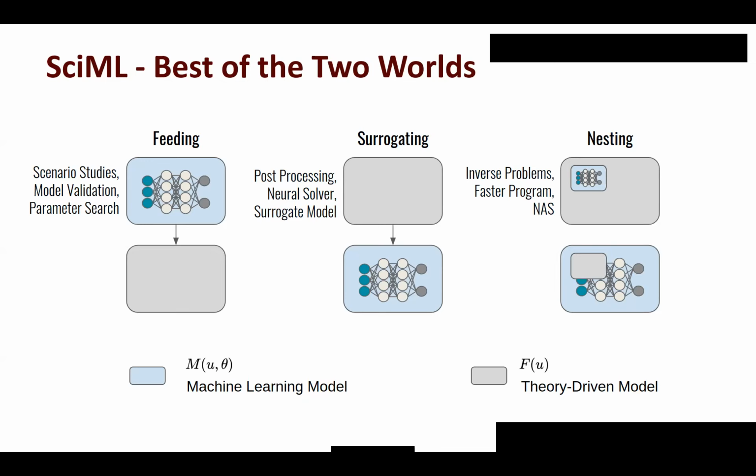And the last one, which might be more and more interesting, is called nesting. This nesting method seems to be one of the most flexible ways for researchers to mix a theory-driven model and a machine learning model. Basically, you treat your neural network as a function itself.